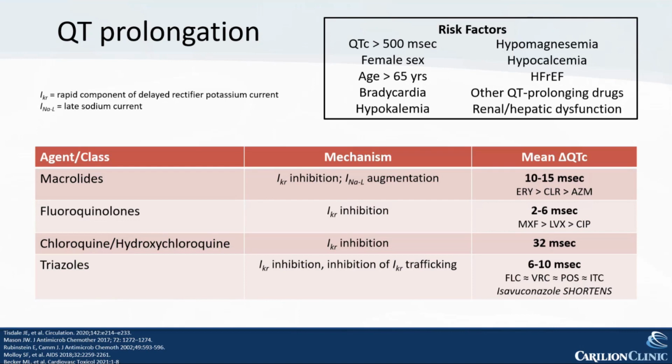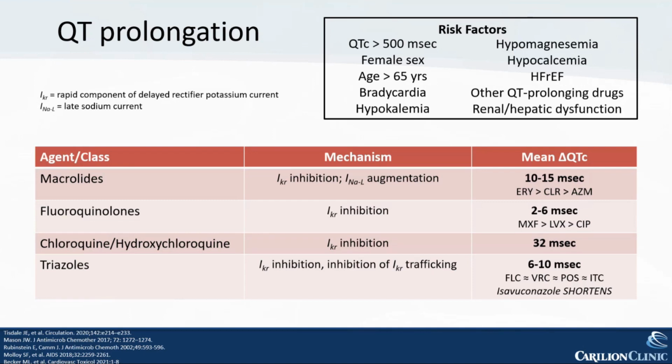When we think about risk factors for torsades in patients, we see electrolyte abnormalities, QTc over 500, heart failure, and then probably most importantly, multiple QT prolonging agents. In general, a single QT prolonging agent has a relatively low risk of pushing a patient into an arrhythmia like torsades. However, multiple agents can have a synergistic effect.